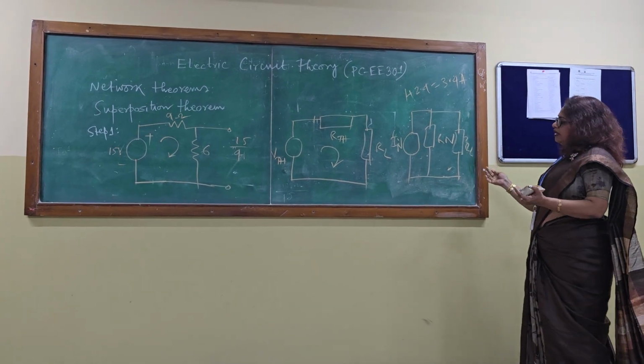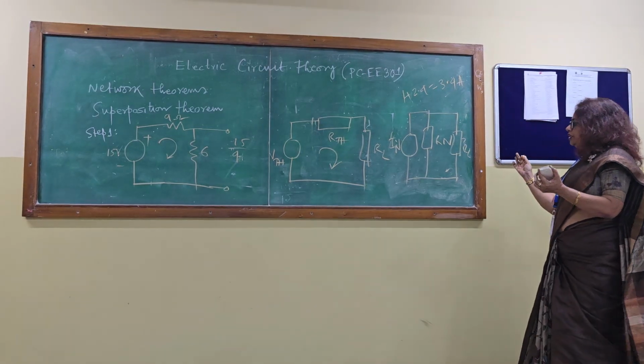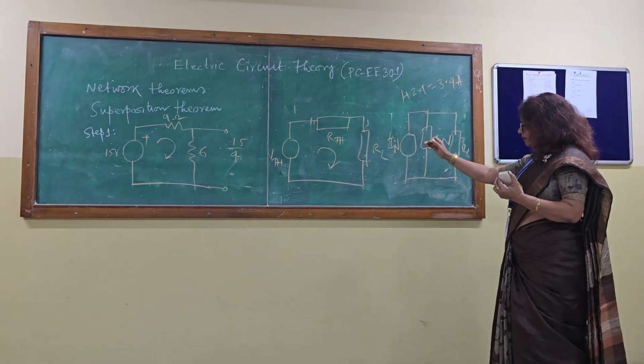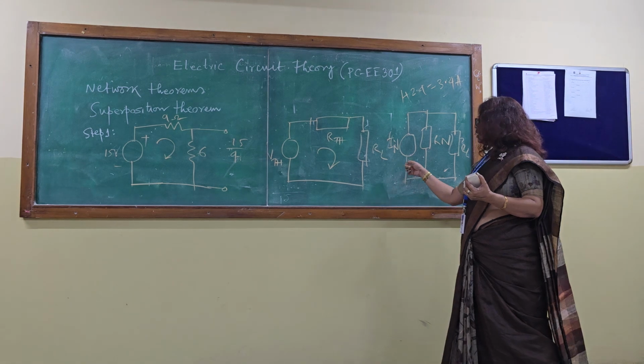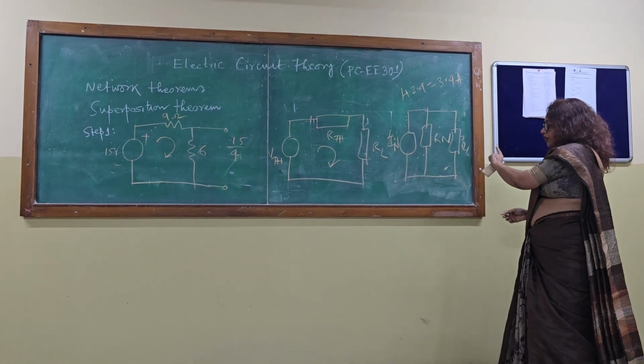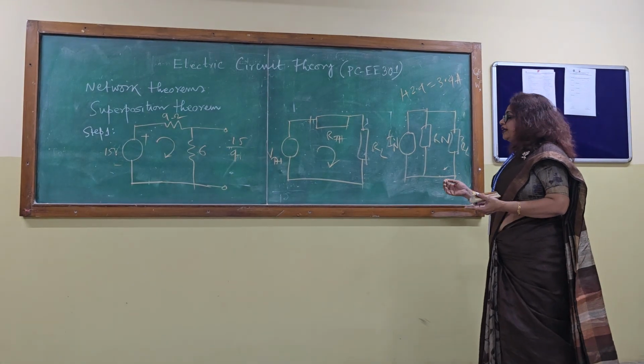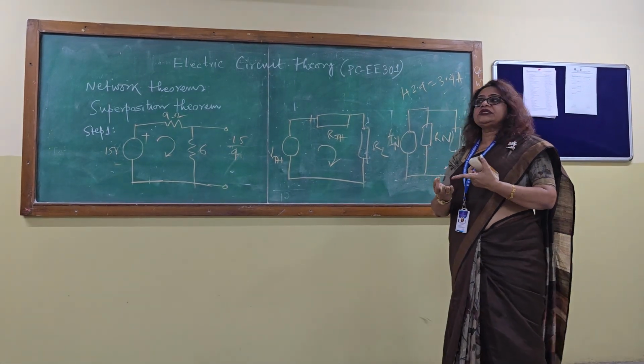Basically, the relation between Thevenin's and Norton's is dual. In Thevenin's case we use the open circuit voltage, and in Norton's theorem, the current will be the short circuit current.